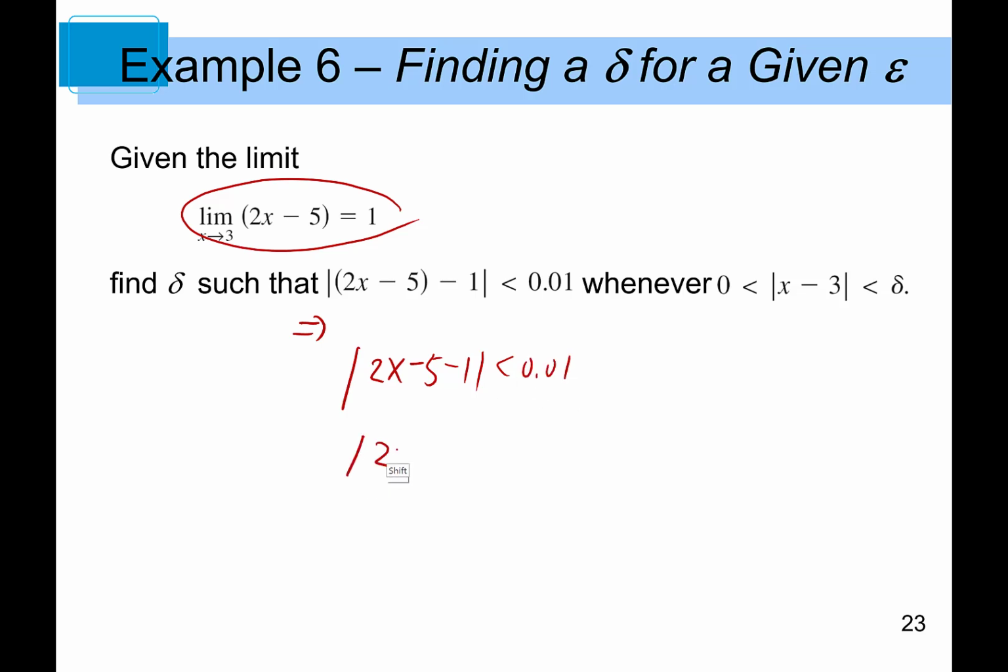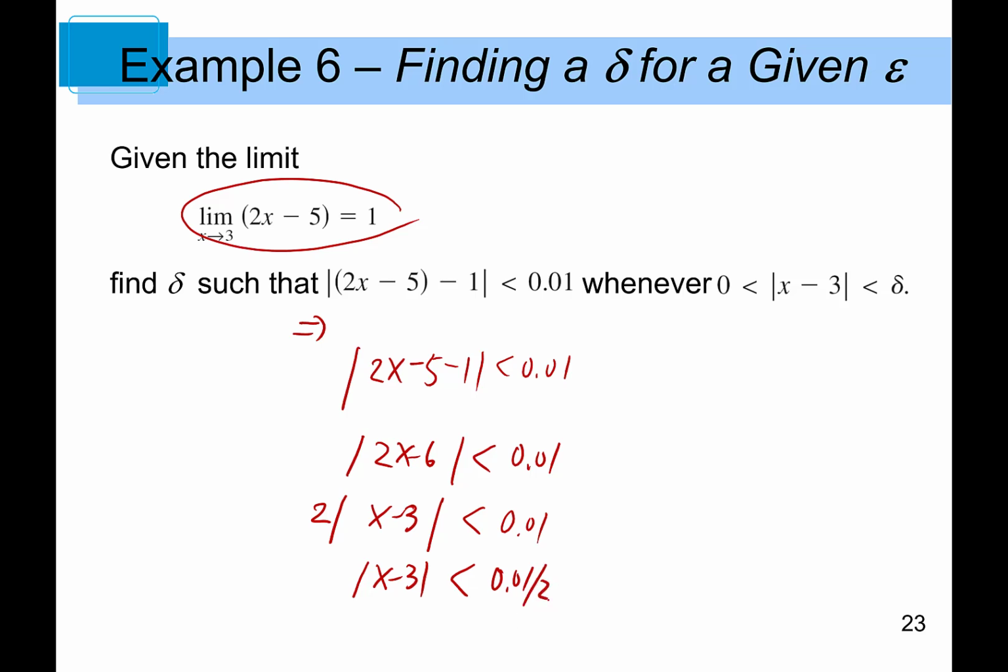So here is 2x minus 6, less than 0.01. If you factor out 2 and put it in front, x minus 3, less than 0.01. So now divide both sides by 2. The absolute value of x minus 3 is less than 0.01 divided by 2.